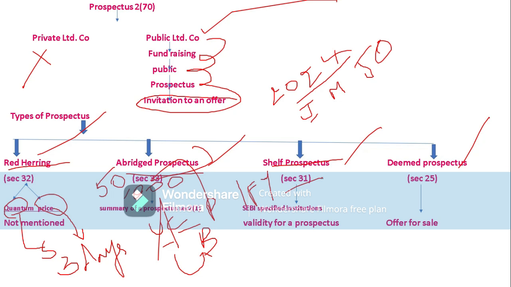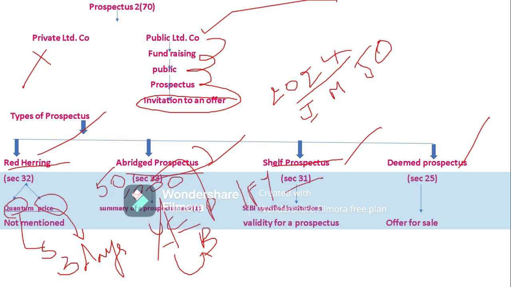An information memorandum is given by the company regarding this shelf prospectus. Which companies are allowed to have a shelf prospectus? SEBI specified institutions are considered shelf prospectus companies only; they can issue a shelf prospectus document. On what basis?